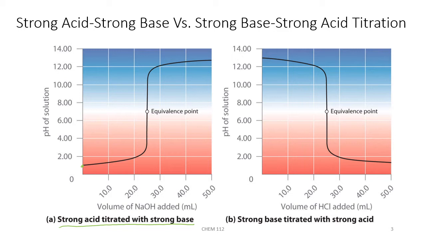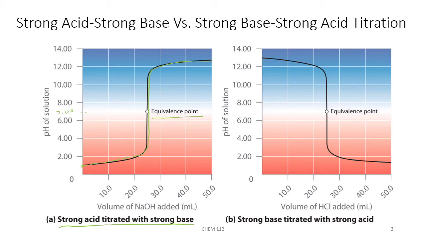Every drop of base that you add gets neutralized with some of the acid, and the pH will slowly start to rise until you reach a point where the pH is going to jump all the way up and become strongly basic. The equivalence point is the point at which the moles of acid are exactly equal to the moles of base. At a strong acid, strong base titration reaction, the pH at the equivalence point is exactly 7 because a neutral salt is formed.